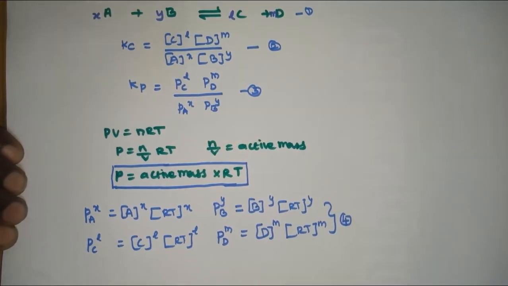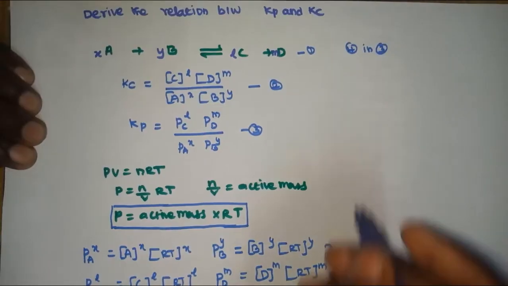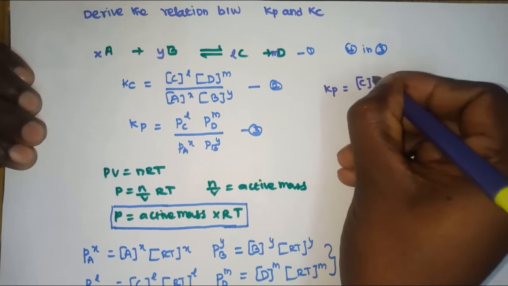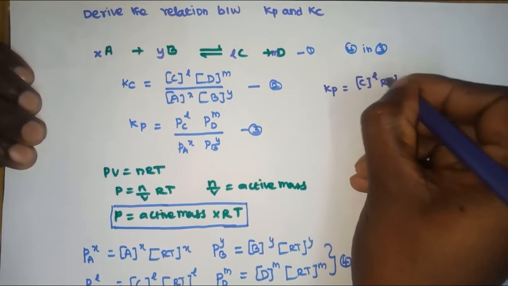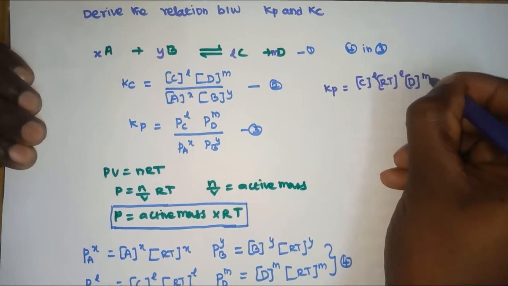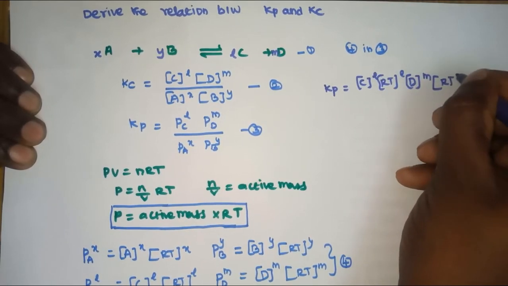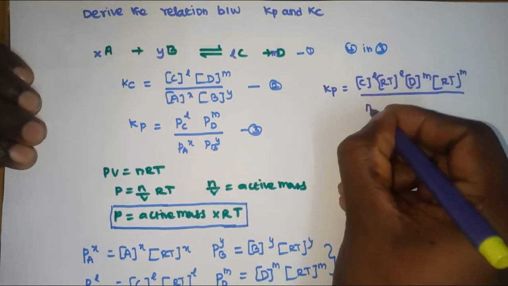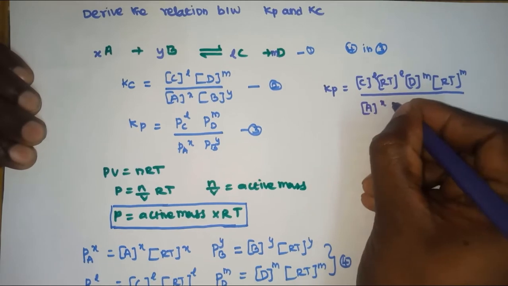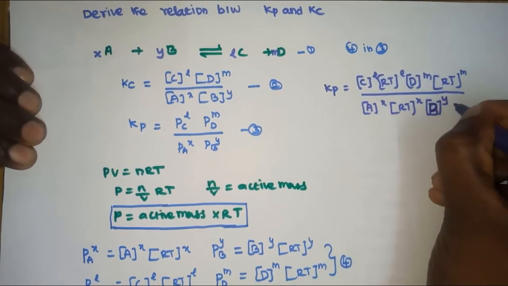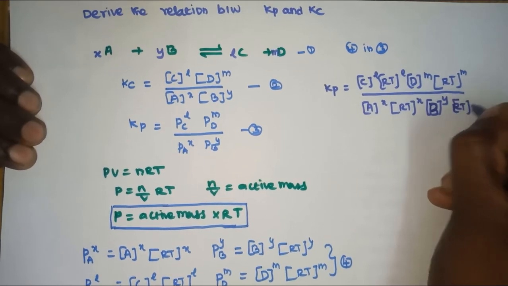The value of equation number 4 is substituted in equation number 3. We get Kp equal to C power L into RT power L into D power M into RT power M, divided by A power x into RT power x, B power y into RT power y.